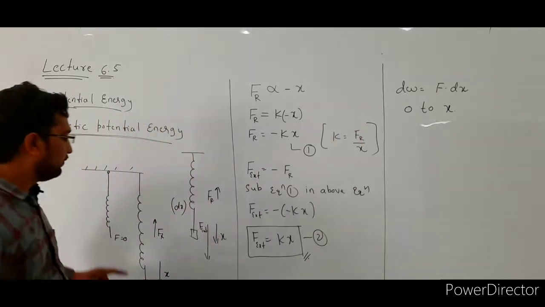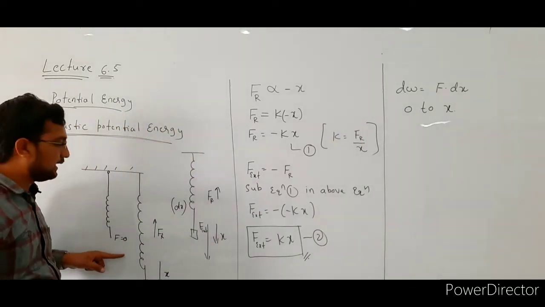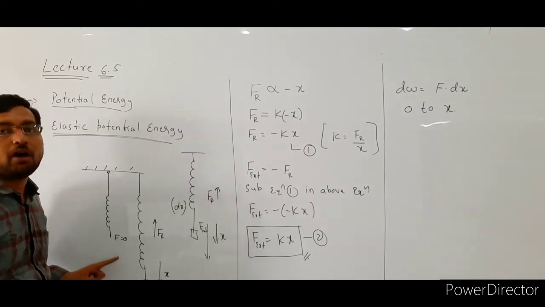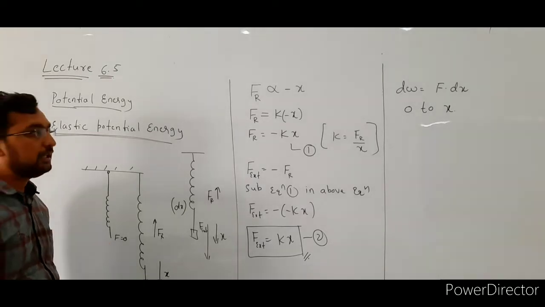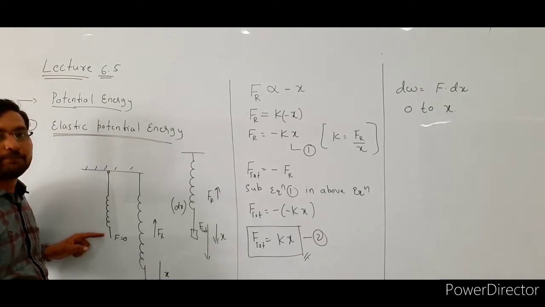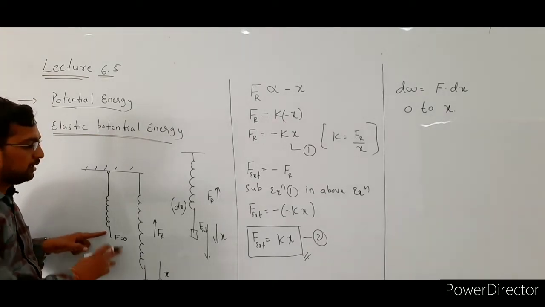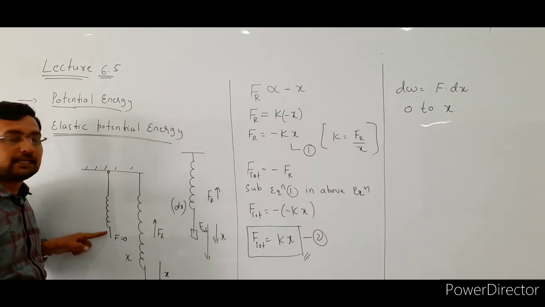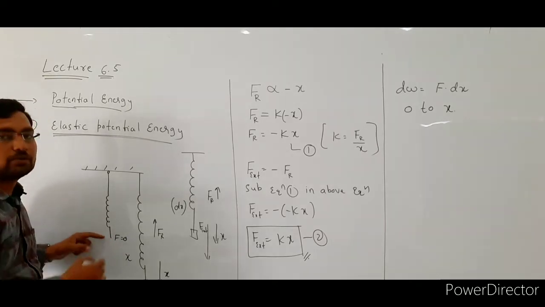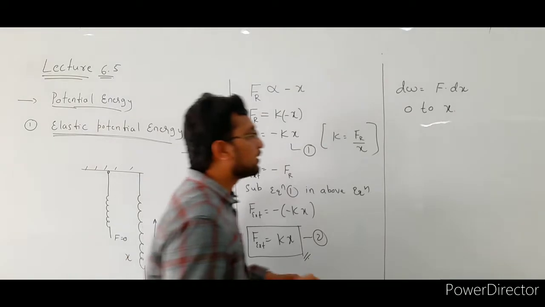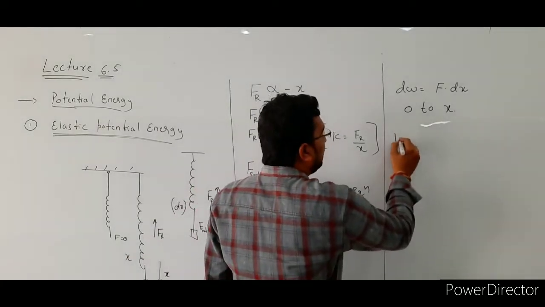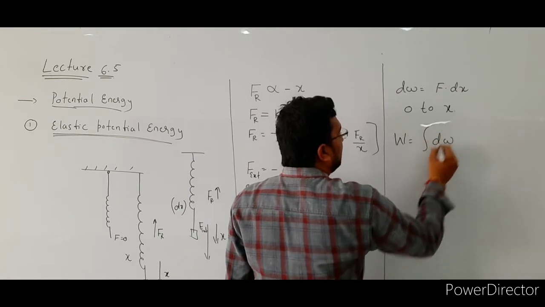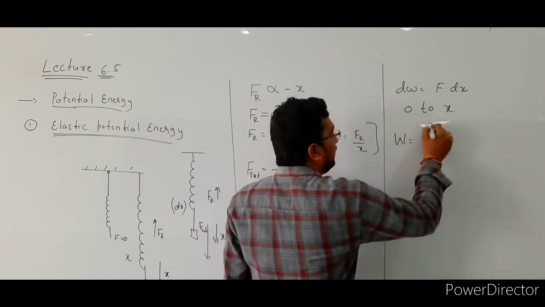If the external force acting on this end is 0, then it is in equilibrium position or mean position. So we want to elongate the length of the spring from 0 to some distance x. For that we have to do some amount of external work. So the total work done is equal to integration of small work done from 0 to x.